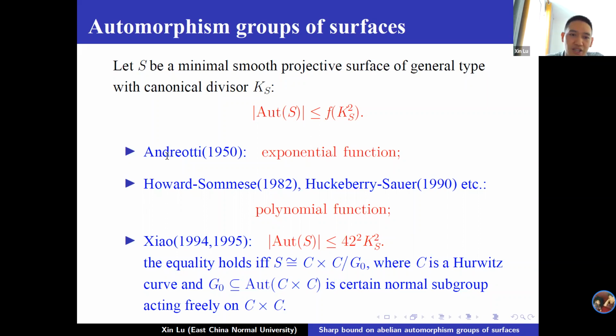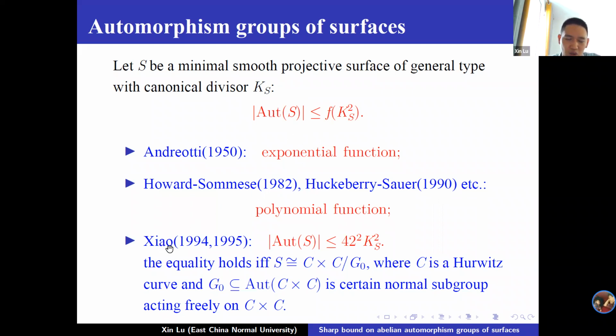The first result was given by Andreotti in 1950. He proved that the automorphism group of S is finite, and he gave an upper bound which is an exponential function in K_S squared. Later there were many improvements. I just mention two of them, given by Howard-Sommese and Hacon-Xiao. They gave some polynomial bound for this automorphism group.